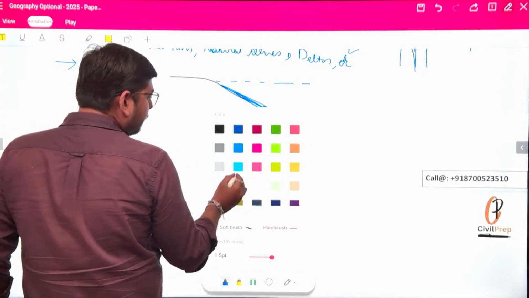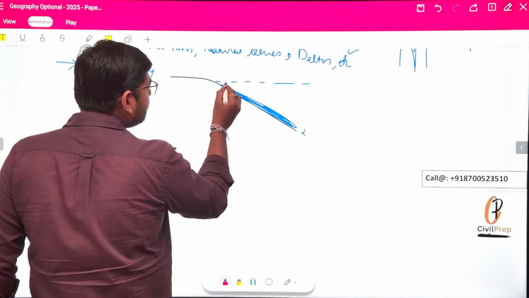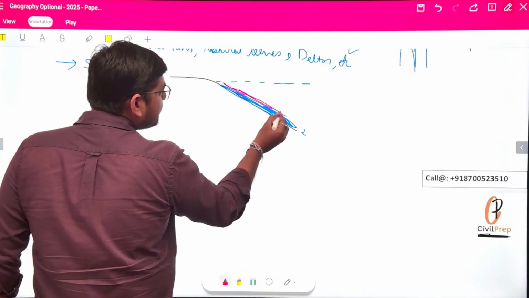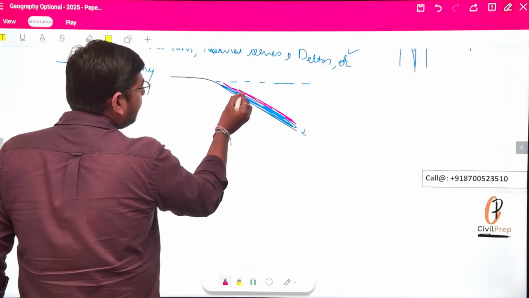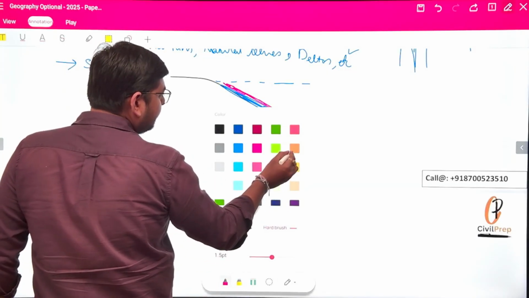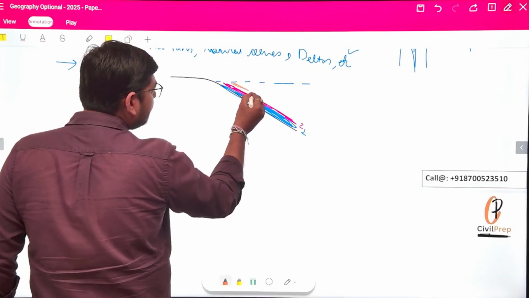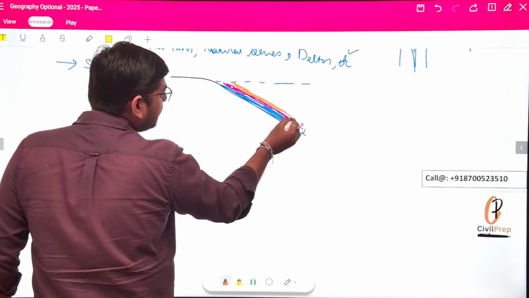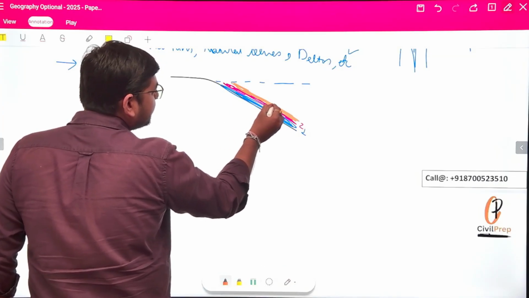Then after a certain point of time when the climate changes, because of the change in climate, the kind of deposition taking place in this region will change. In the next phase, when there is again a change in the past climate, the deposition done by this region will again change.